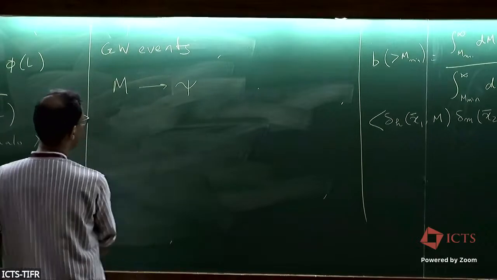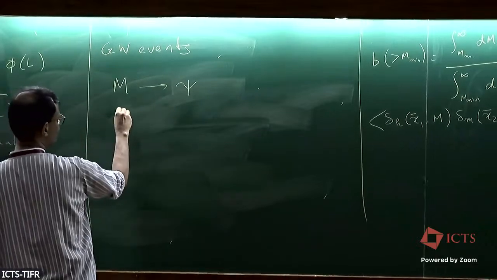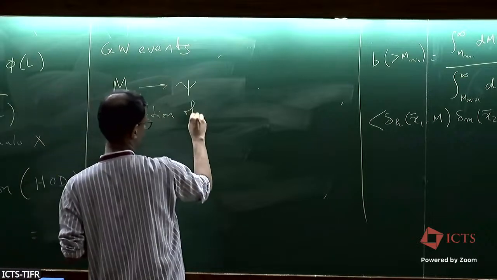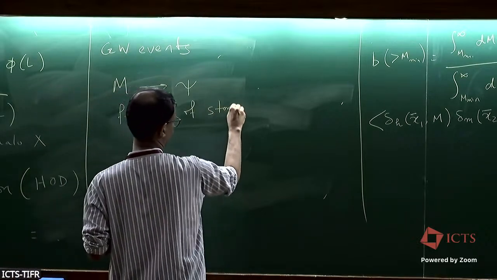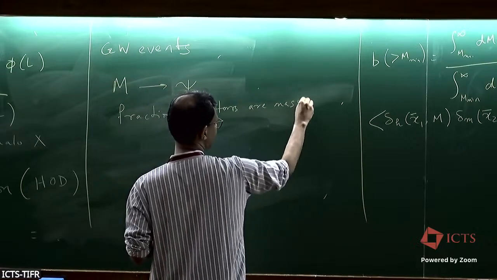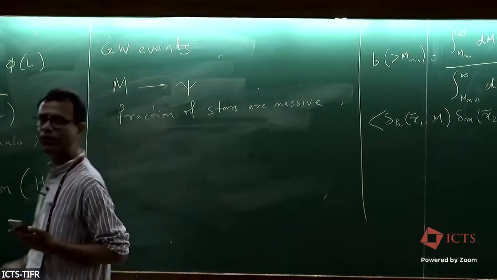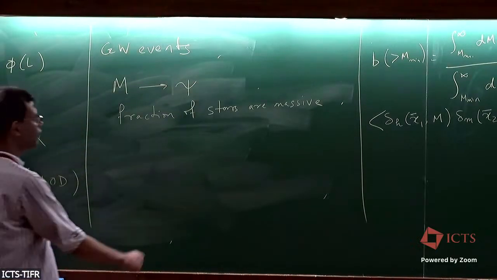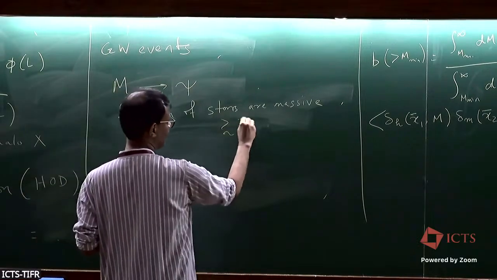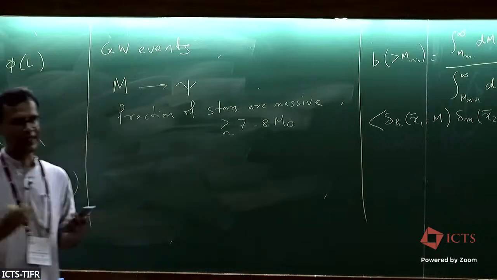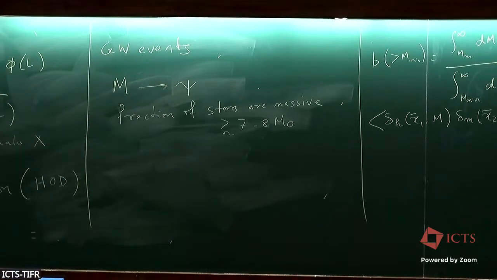Only a fraction of stars are massive enough to form the compact objects which we are interested in for gravitational wave events. This could be larger than 7 to 8 solar mass typically. Their end stages are something which we would be interested in.